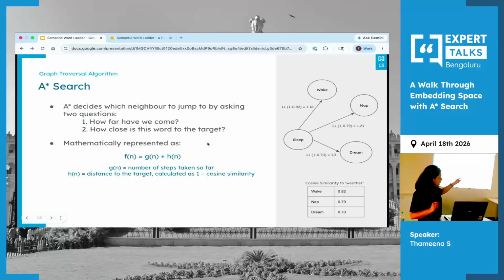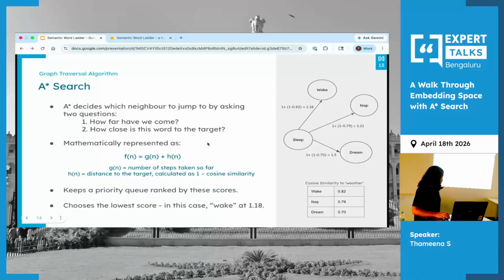So let's say wake, right? You have to calculate the cosine similarity of wake to the target word, which is weather. And let's say the value is 0.82. So I've just inverted the value, 1 minus 0.82, because I need the least h(n) value. So if we have to find the least f(n), I'm taking an h(n) value that is very small. So I've just reversed it, 1 minus cosine similarity.